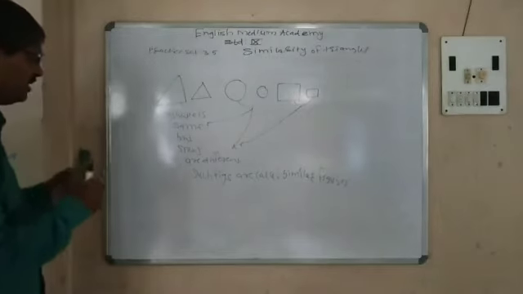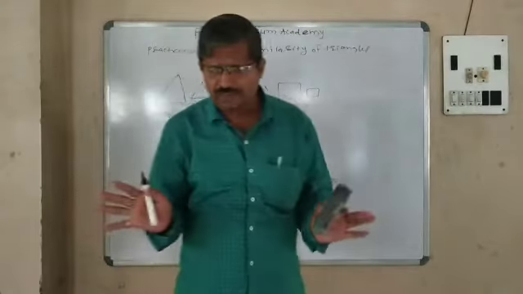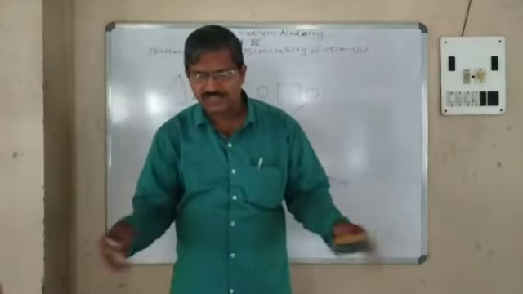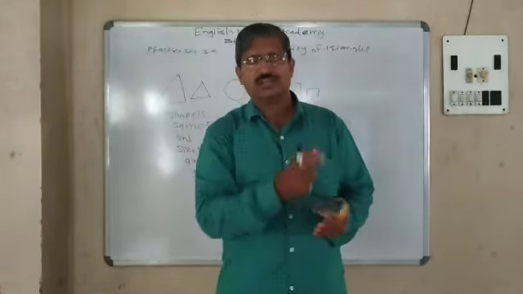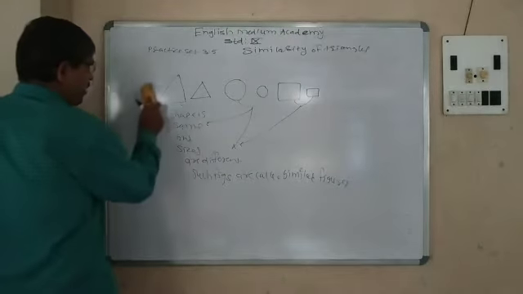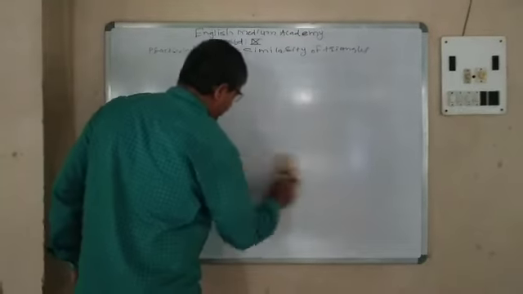Once again I am going to tell you that geometrical figures, or any figures, which have the same shape but different sizes, are called similar figures. Now we have to see a little information about similar triangles.